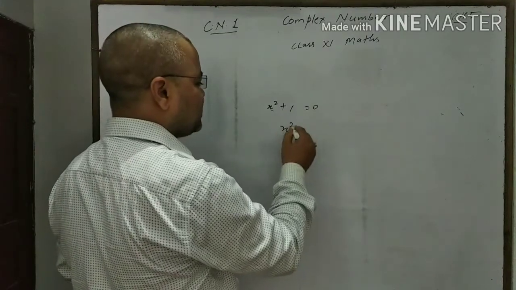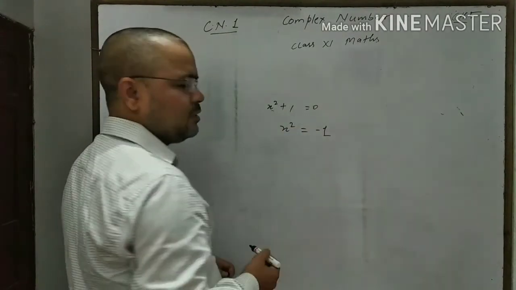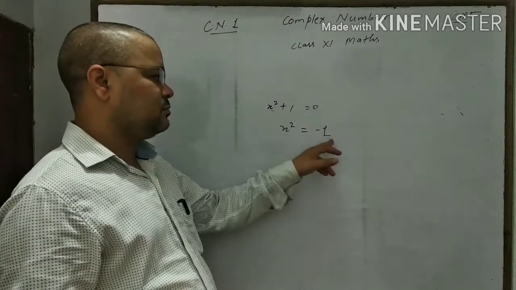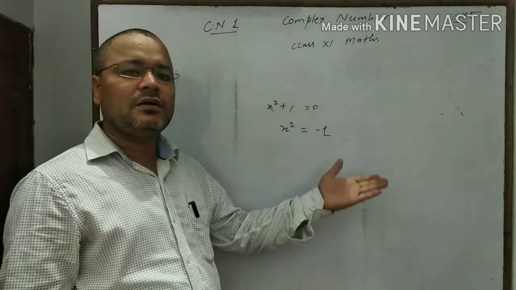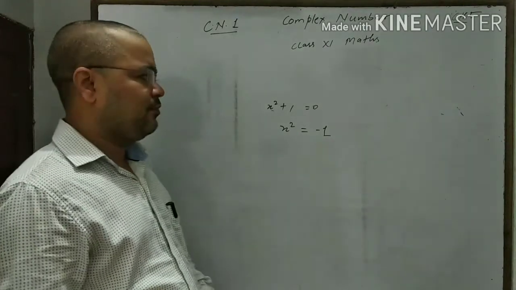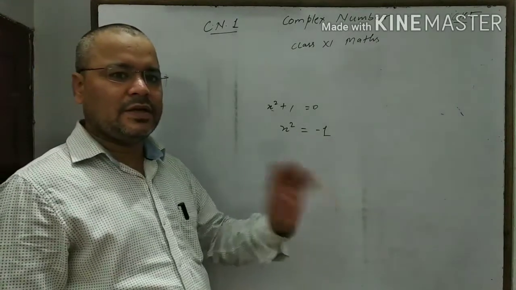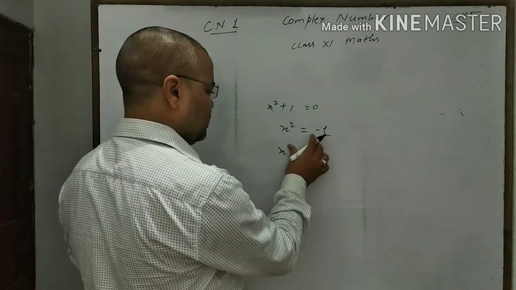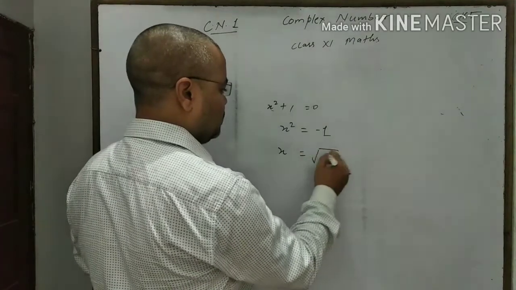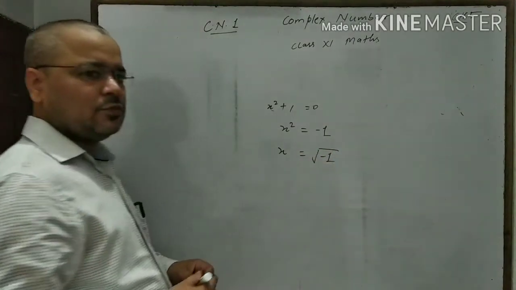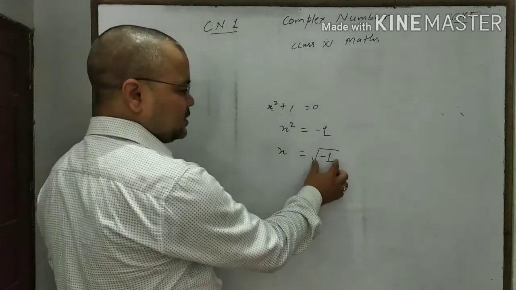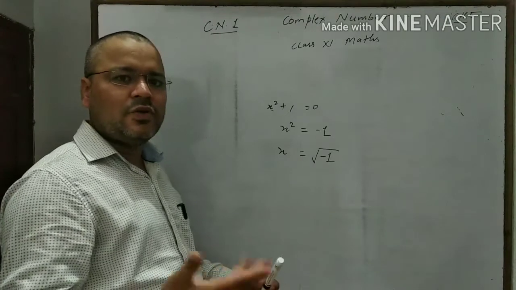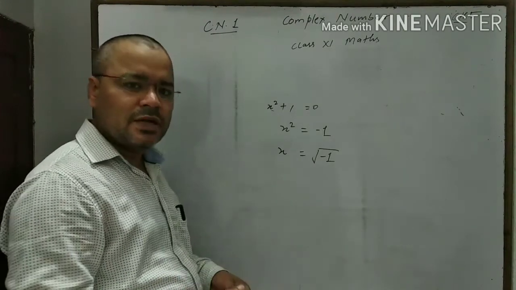In that case, x square will be equal to -1, and here the root will not be real. From here, x is equal to under root -1, and this is not real. Under root 1 is real. Under root -1 is not real.